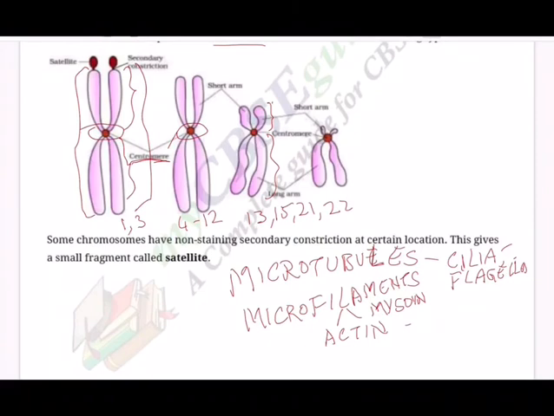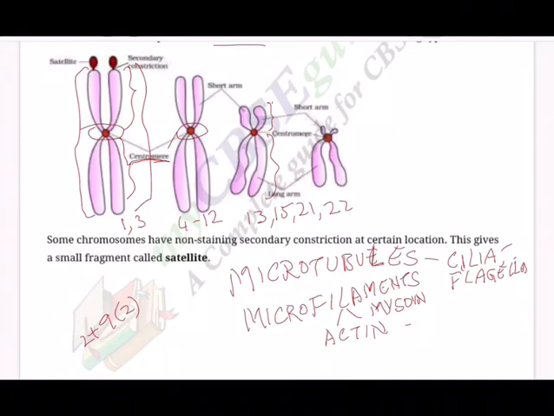Their core is called the axoneme, and usually it has 9 doublets, that is, 9 pairs of radially arranged peripheral microtubules and a pair of centrally located microtubules.